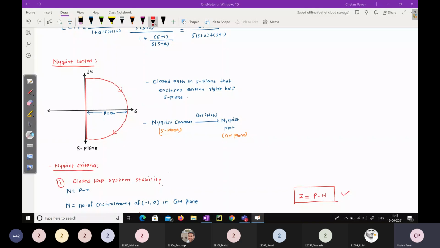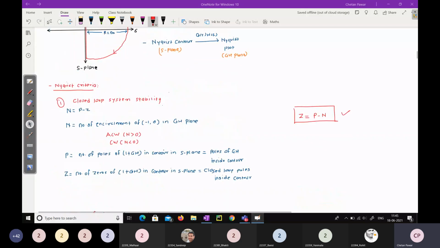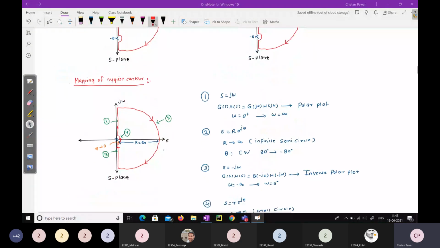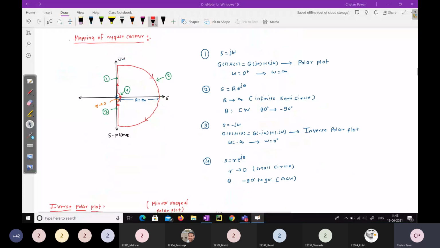Then we have seen the mapping of the Nyquist contour. The four region mappings, 1, 2, 3, and 4. So first region gives me the polar plot. Means if I want to do the mapping of the first region, I will draw the polar plot. If I want to do the mapping of the third region, I will draw the inverse polar plot.